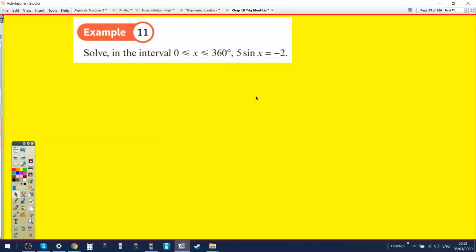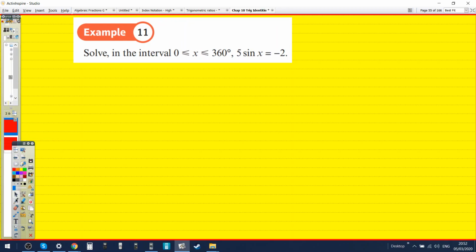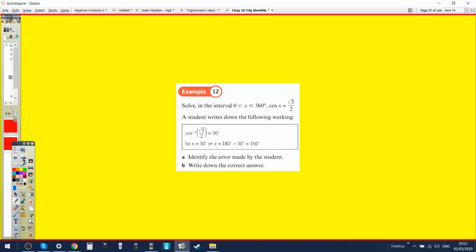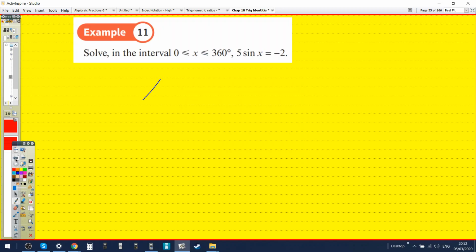How do you do this one? I was going to ask what happens when it's multiplied by 5, like 5 sine x equals minus 2. So you do 5x equals arc sine minus 2. Arc sine minus 2 doesn't exist.